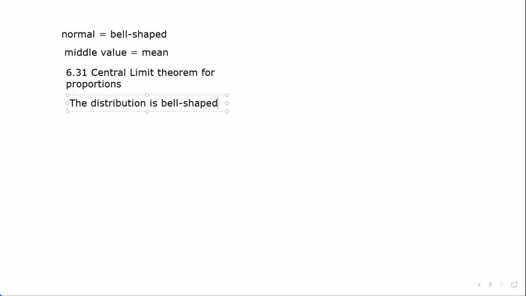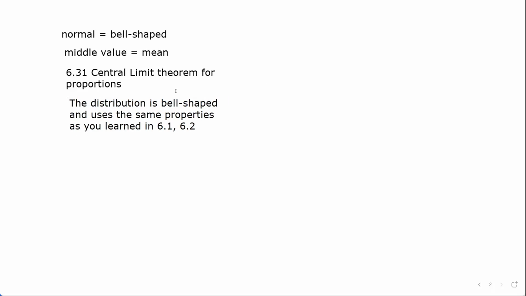The distribution is bell-shaped and uses the same properties as you learned in 6.1 and 6.2. That's the connection.